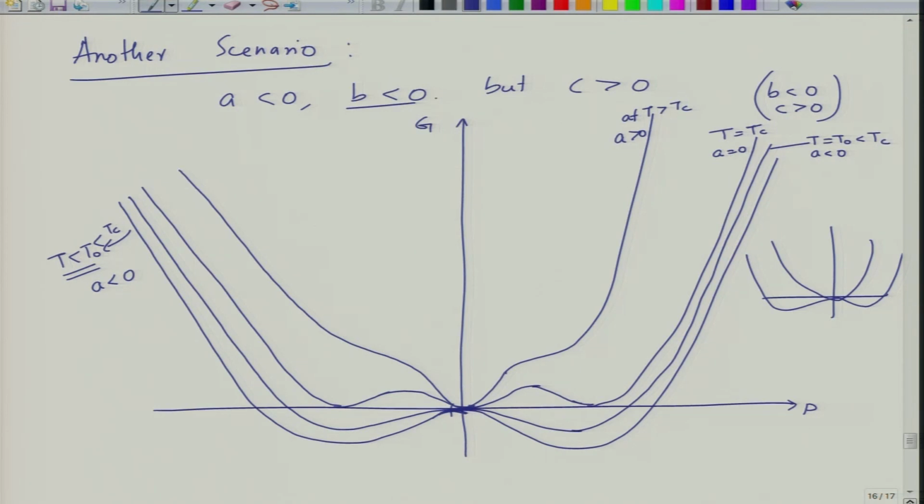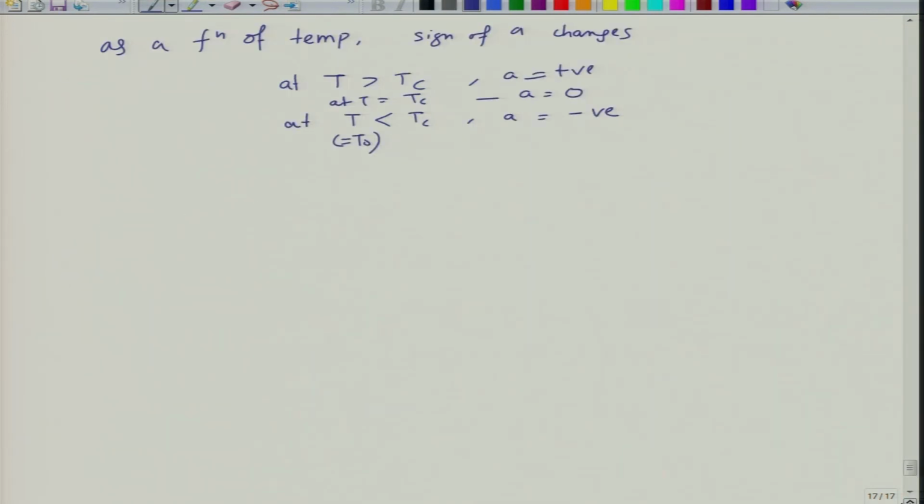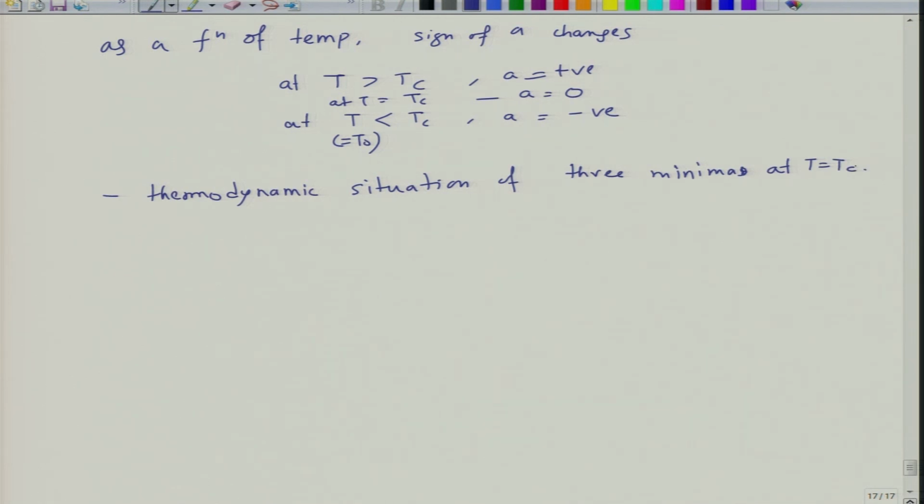So basically as a function of temperature, as you change the sign of A, we have a thermodynamic situation of 3 minima at T equal to Tc, and this Tc is higher than the T naught at which you would otherwise have seen a double well.